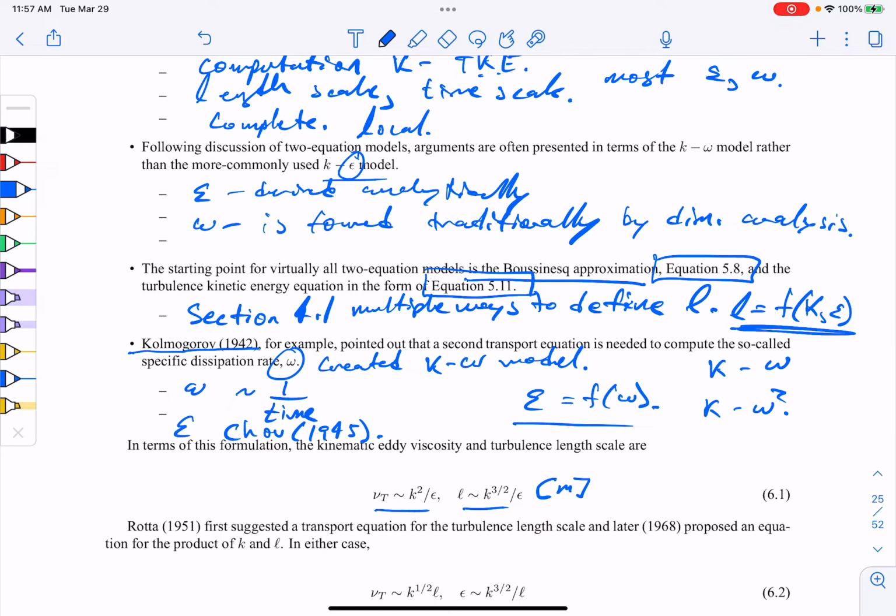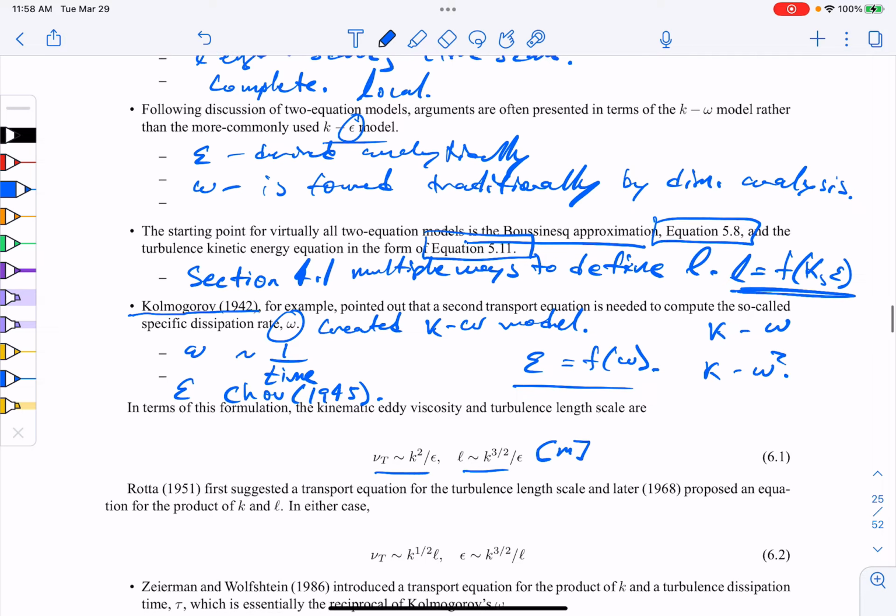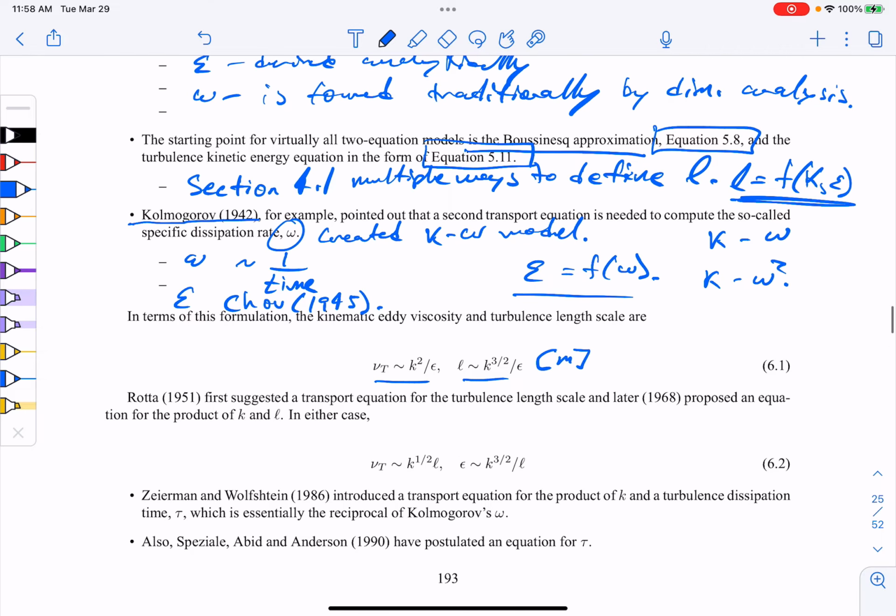In fact, you could try, if you wanted, to derive one equation models with combinations of k epsilon or k omega models, and that's exactly what we saw done in the previous one equation talk, on Reynolds transport or Reynolds number type models, like Baldwin-Barth. And there's other types of models, and if we have time, we might talk about different ones, and there are advantages and disadvantages.